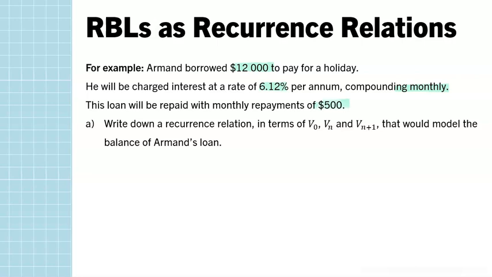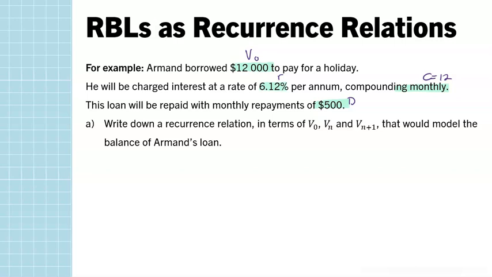If we wanted to write that into recurrence relation form, we're taking those key components. We have the $12,000 as the initial value, or V0. We have an interest rate of 6.12, compounding monthly, so compounding 12 times a year. And we have his repayment as $500. So that's our value of D.